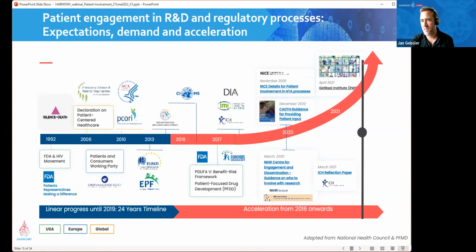There's been a whole set of guidances, frameworks, tools, and so on being developed to actually make sure that patient involvement moves from theory to reality.